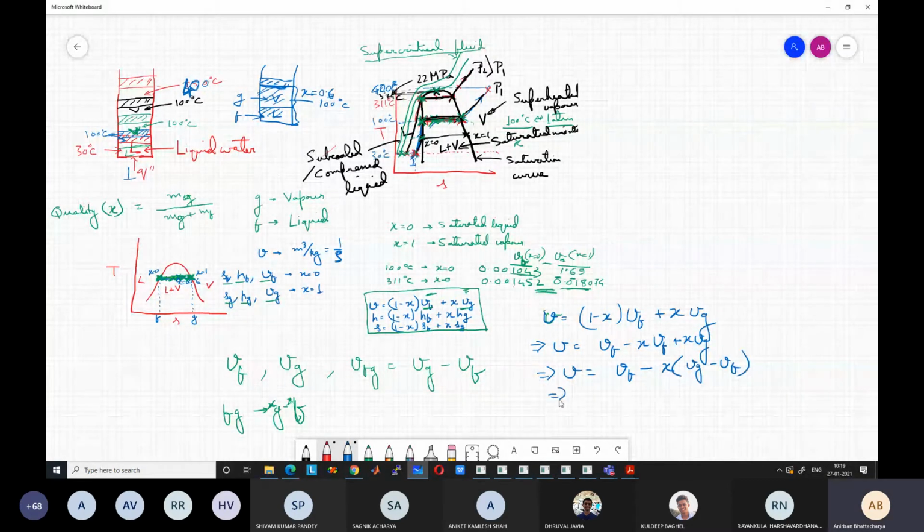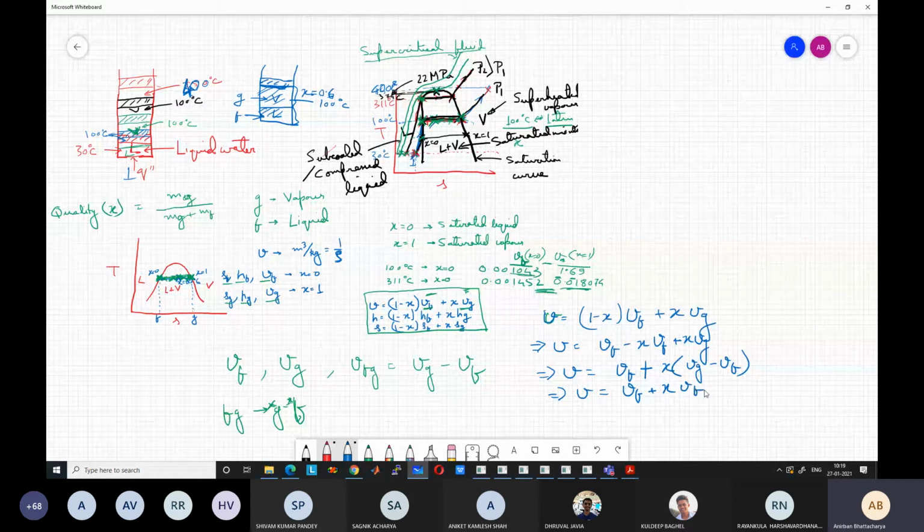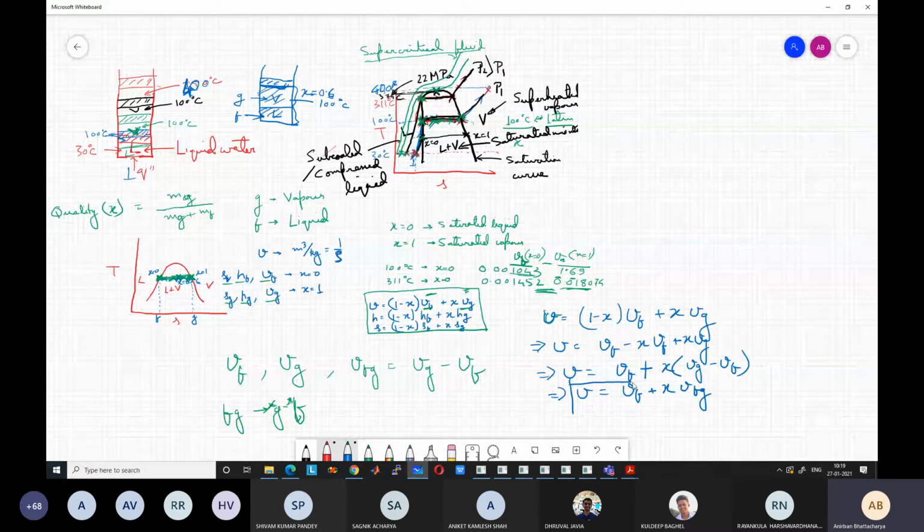So V is equal to Vf plus x Vfg. Vg minus Vf is by definition this Vfg. So this is another way of writing the same thing.